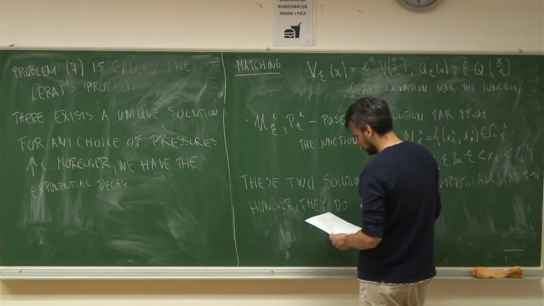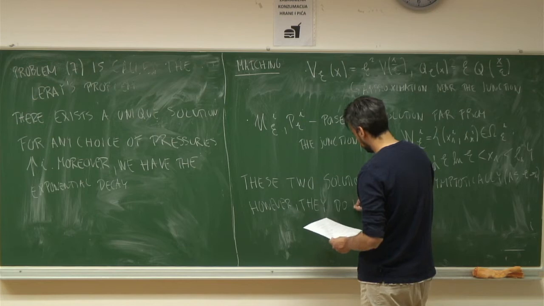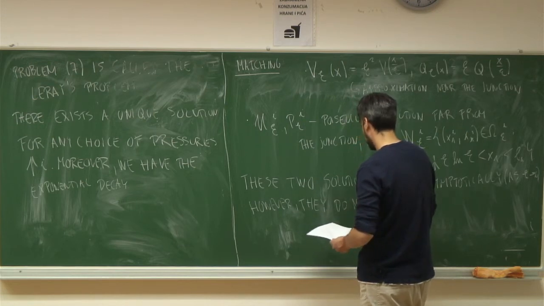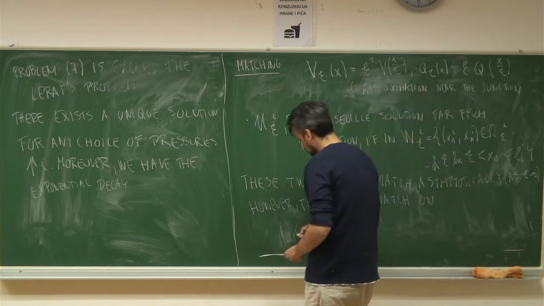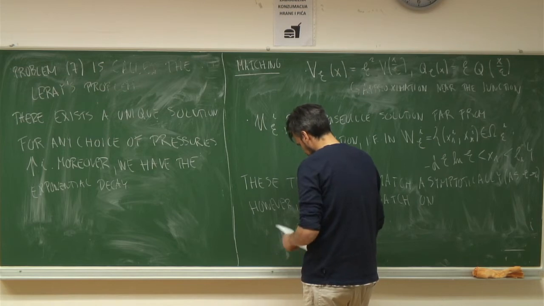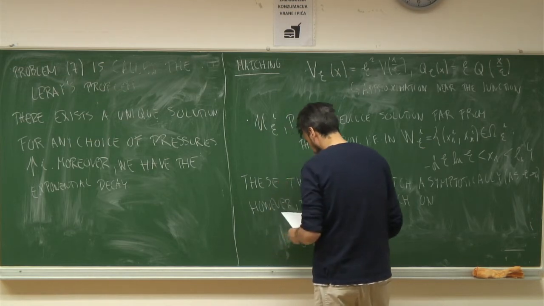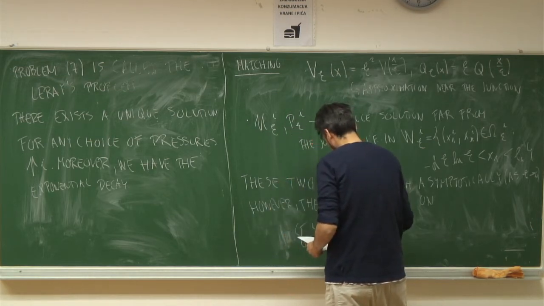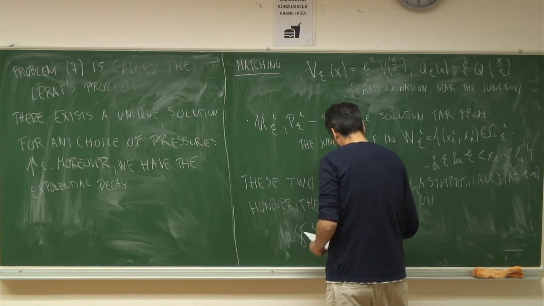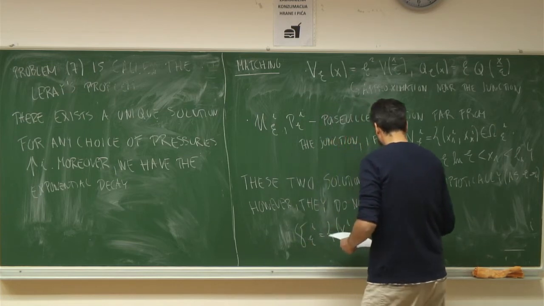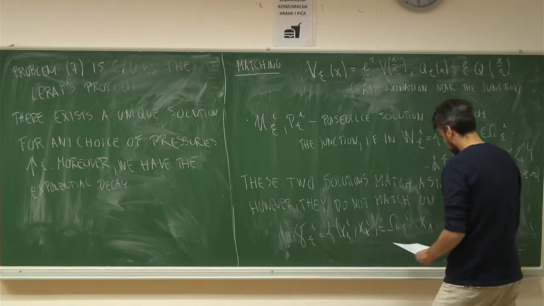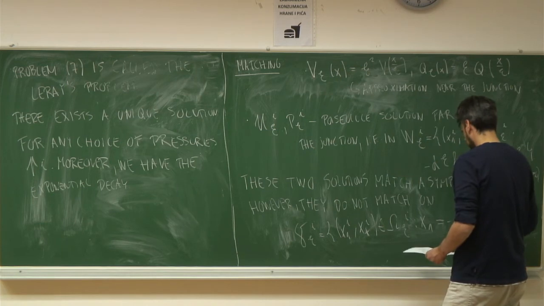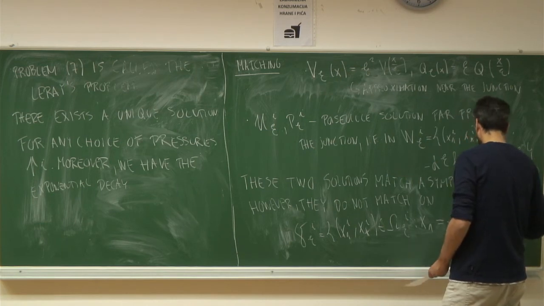So they do not match on gamma epsilon I, x1 I, x star I. So this interface is given by minus d epsilon ln epsilon.